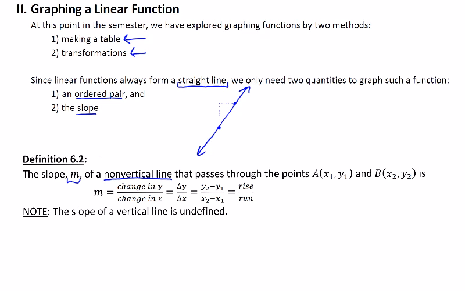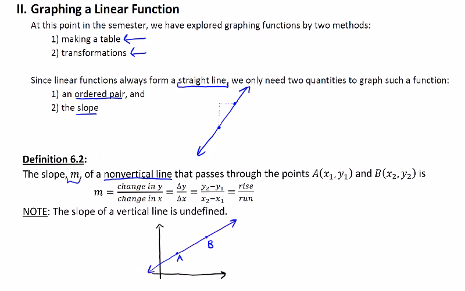So I want to draw a picture to go along with what we're describing here for the slope. I'm just going to focus on the first quadrant for this illustration, and there's going to be a point. We're going to call that point A, and there'll be another point. We'll call that point B, and there's supposed to be a line that passes through these 2 points.